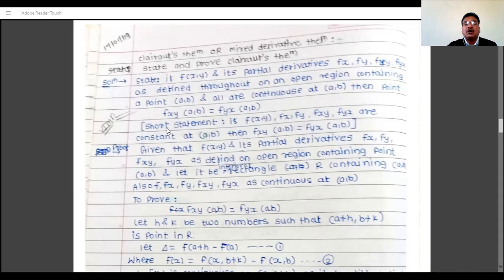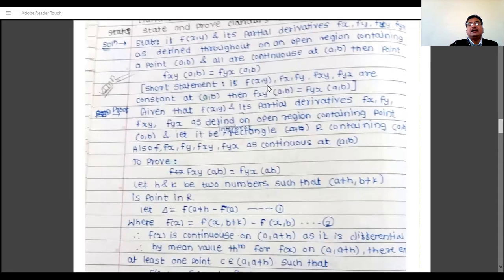So the short statement is what? If these fx, fy, fxy, and fyx are continuous, don't write constant here, write continuous at AB, then fxy AB is equal to fyx AB. So this is the short meaning of this Clairaut theorem. That is, if the function f and its partial derivatives fx, fy, fxy, fyx are continuous at AB, then fxy AB and fyx AB are equal.